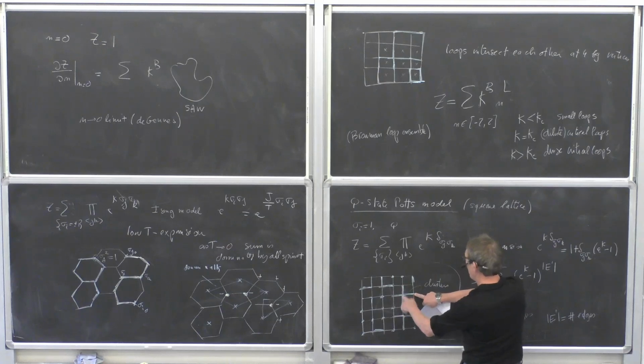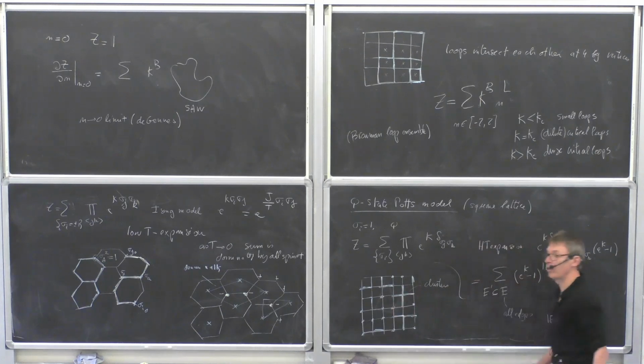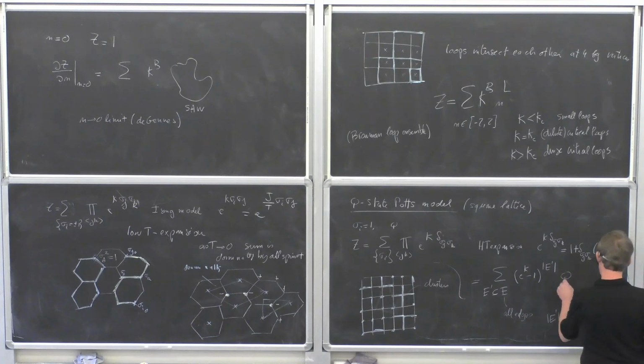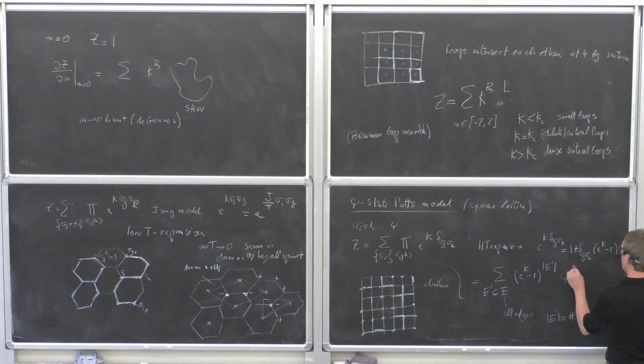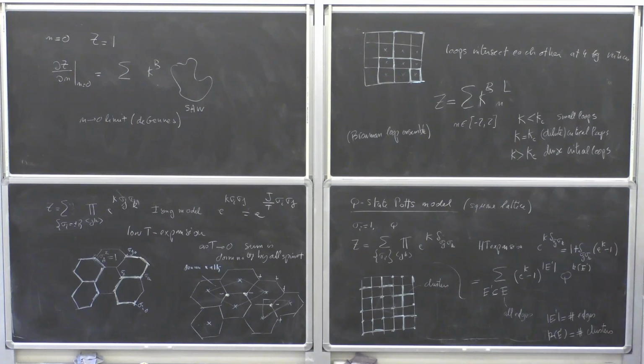So if I have a cluster, all the spins on the cluster have the same color, and there's q such colors. So I should have q to the power k of e prime, where k of e prime is the number of clusters. Okay? That's what I get.